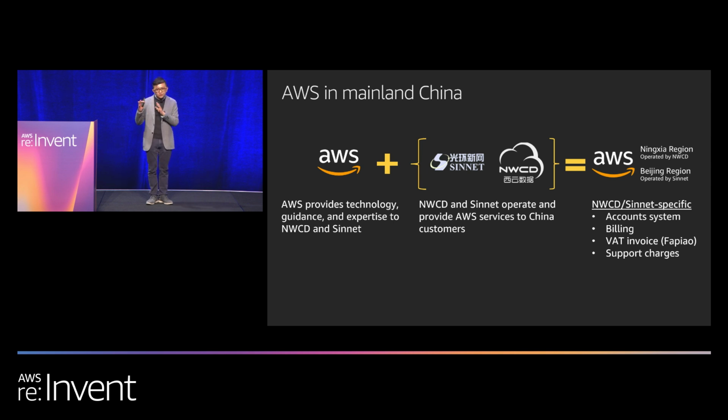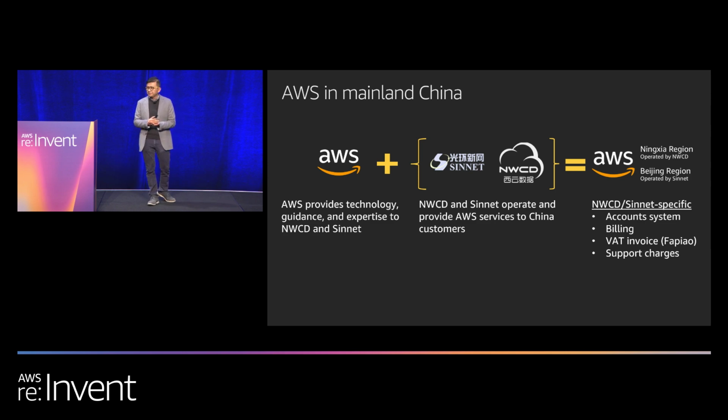So you wouldn't see the AWS China regions inside your normal console, but you get a different URL and a different endpoint, and within that endpoint, you will see a China console where you see both the China regions, Beijing and Ningxia. The local SORs will be the ones signing contracts, providing local tax invoices and providing support for our customers. We have been working on this model for 5 years right now, and it has been working really, really well for us.